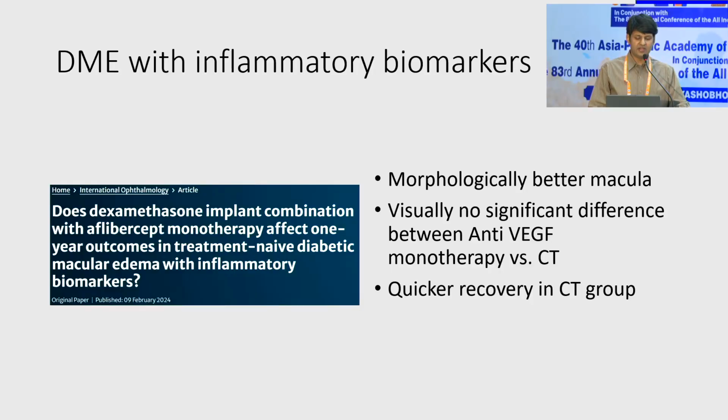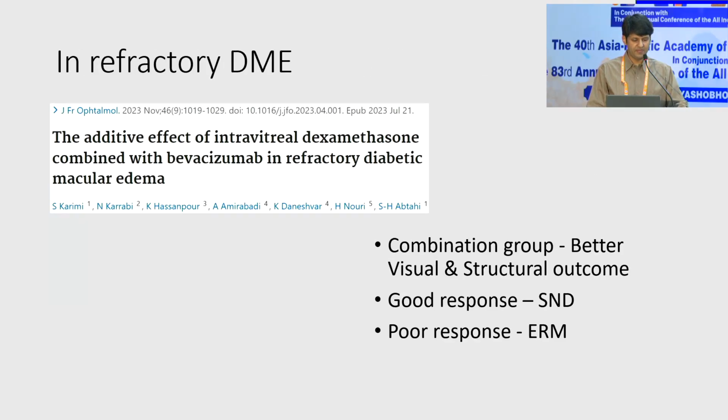So there is a significant morphological change, but when it comes to visual acuity, unfortunately, the visual acuity between anti-VEGF monotherapy versus a combination therapy with a steroid and an anti-VEGF does not seem to show a significant improvement. However, the combination therapy arm did have an early recovery compared to a monotherapy arm.